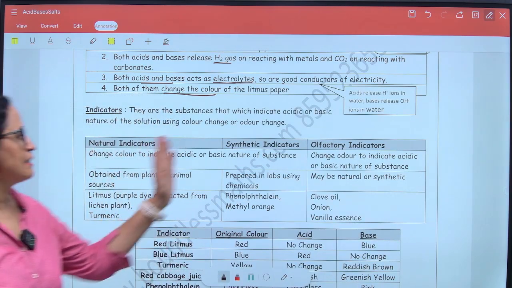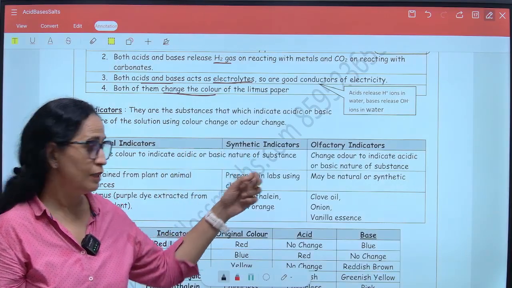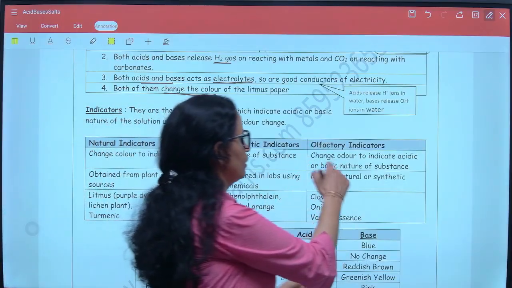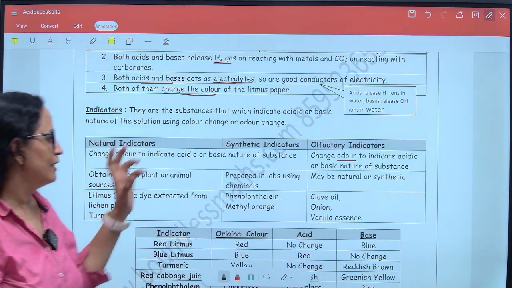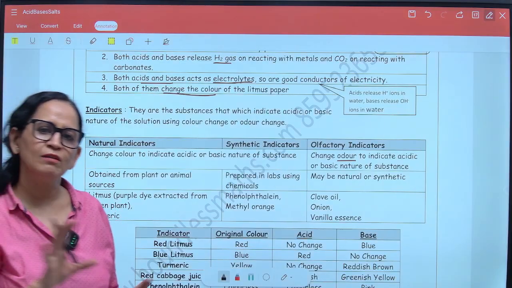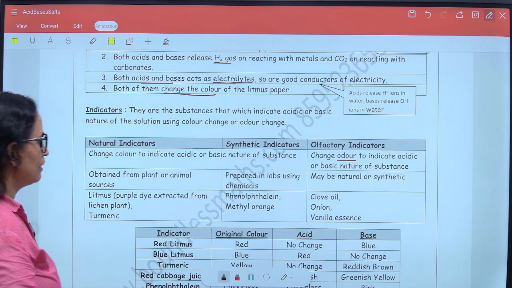Natural and synthetic indicators indicate the nature of the substance by changing color, whereas olfactory indicators change their odor or smell. The smell of these substances changes because these indicators have a characteristic smell which either remains same or it disappears on reacting with an acid or a base.